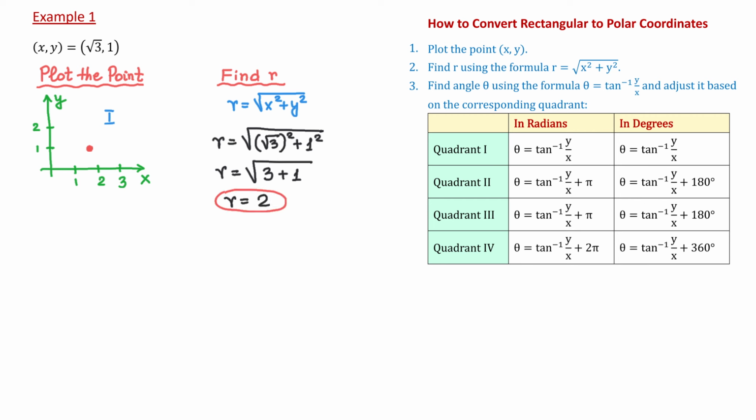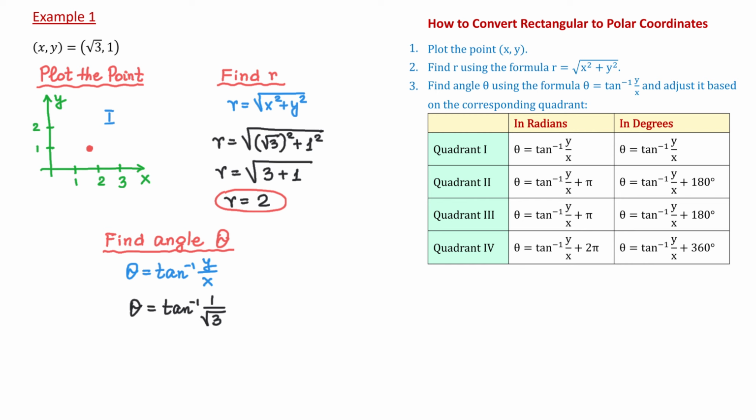And now in step 3, we will find angle theta. The formula is theta equals inverse tangent of y over x. Then in this formula, we will replace y with 1 and x with square root of 3.